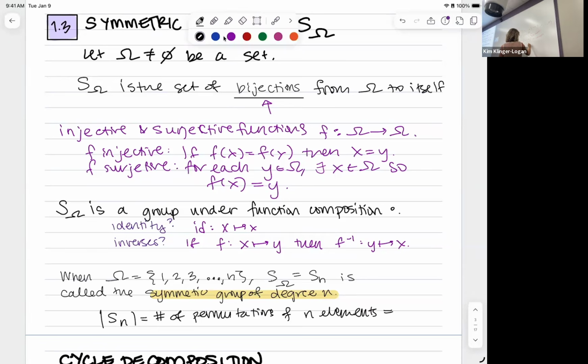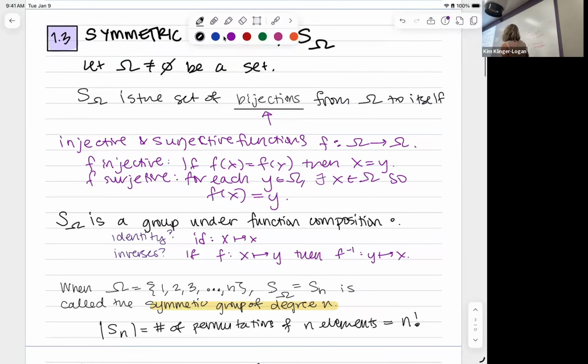There are n factorial. Okay, so that means the size of this group is n factorial. Good. Questions? Does that make sense intuitively? Okay, so that's the order of the entire group.